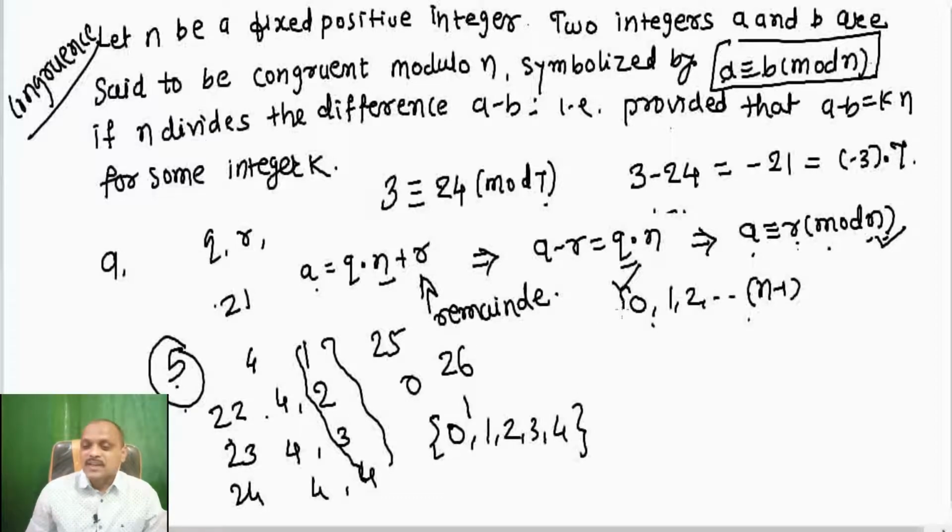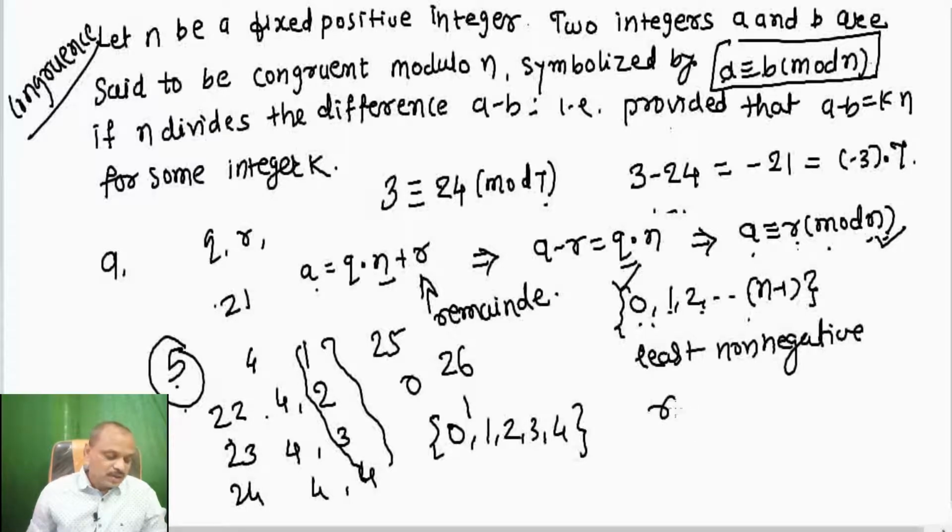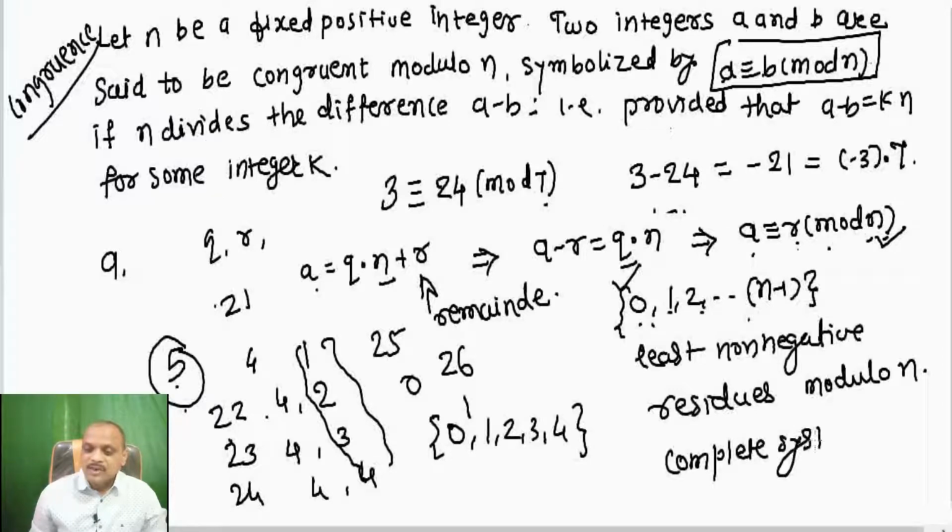Hence for any integer n, we have the set of remainders 0, 1, 2 up to n minus 1, and this set of remainders is called the least non-negative residues modulo n, or it is also called a complete system of residues.